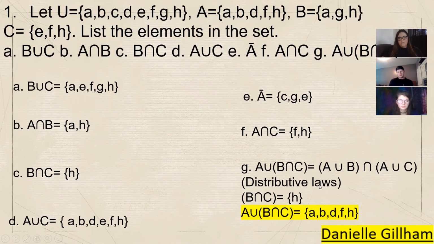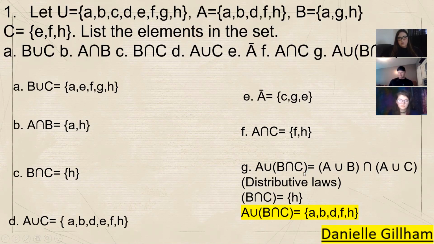So this one's a little different. It's called a distributive law. As you can see, this is the problem. This also means distributive properties. So it can be seen both ways on those.